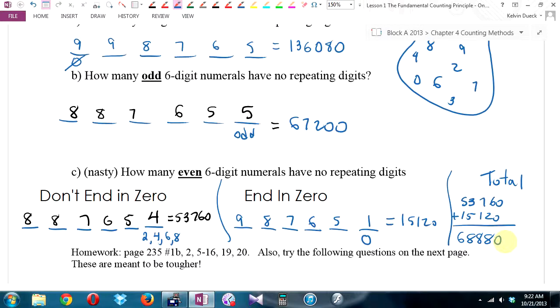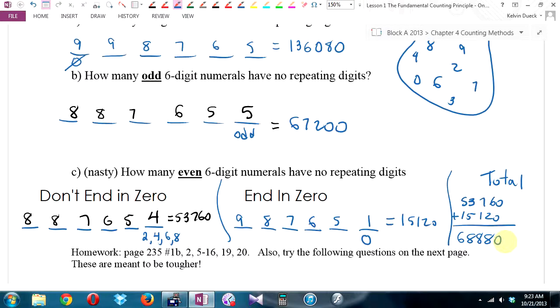There's another way I could have done this. Get your calculators out, if you haven't already. The quicker way would have been as follows. How many numbers were there grand total that we could form? 136,080. Can you type that into your calculator? How many of them are odd? 67,200.